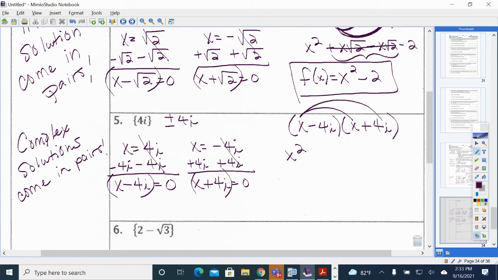X times 4i is a positive 4xi. Negative 4i times x is a negative 4xi. And then I need a negative 4i times a positive 4i.